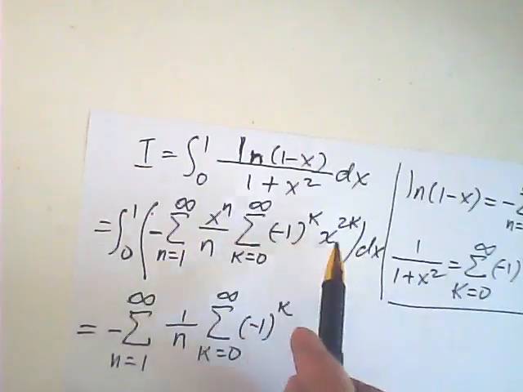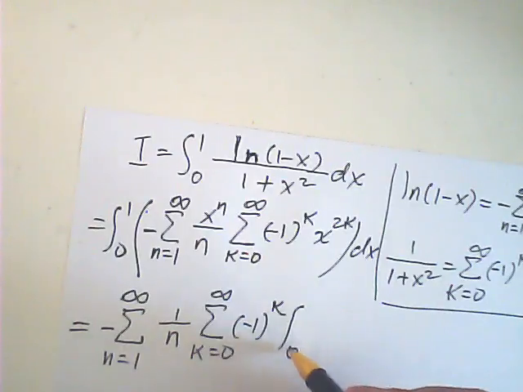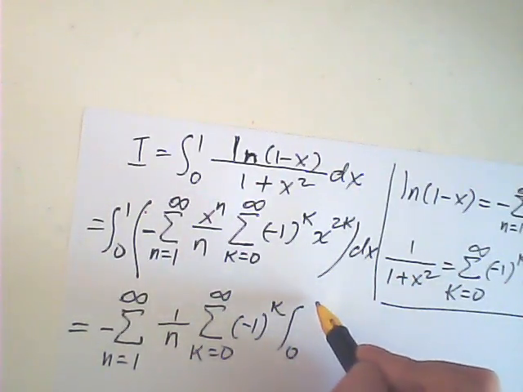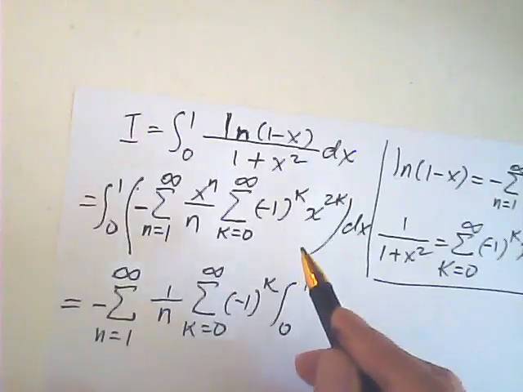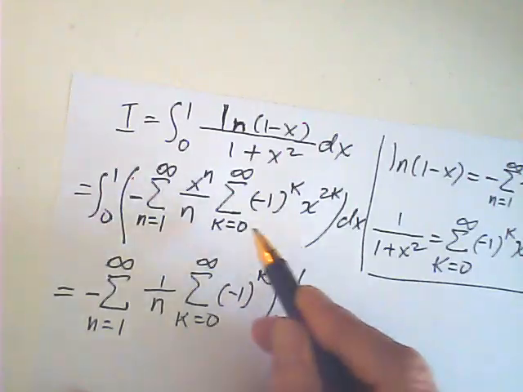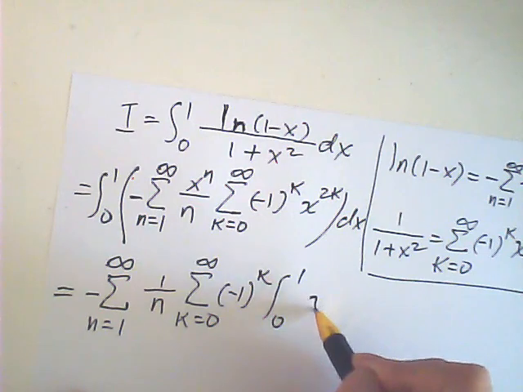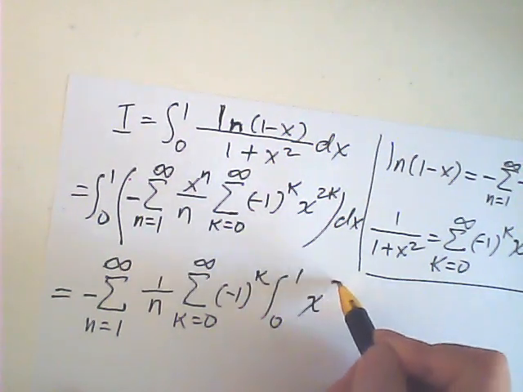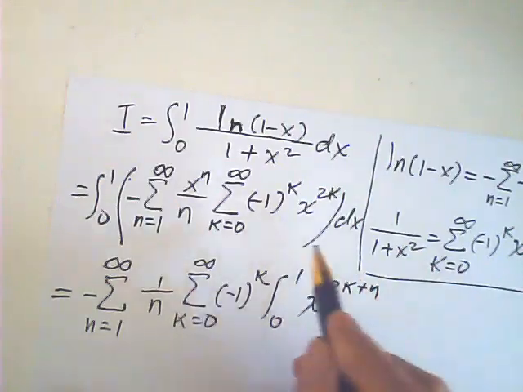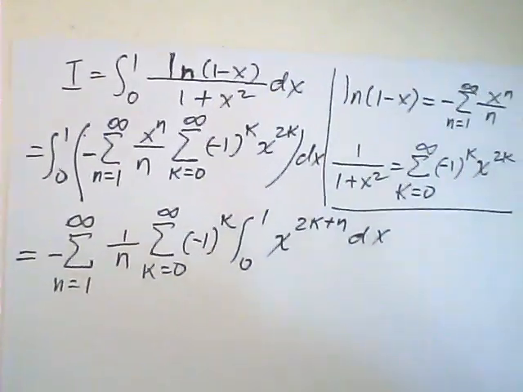Now combine these two together. Well, because its power series is convergent in this interval, so I can exchange the operators. So this becomes x to the 2k plus n, right? This one and that one, and the dx.